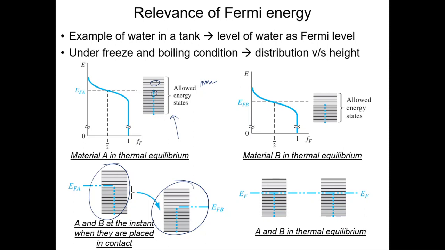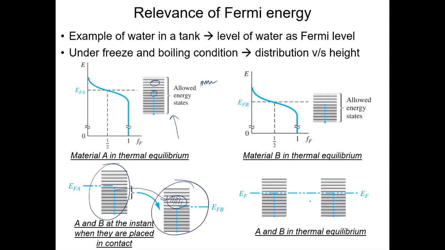But the moment you connect both of them, if there is an empty state available here, these empty states will be occupied by these occupied states, so as a result, these empty states will also get occupied.